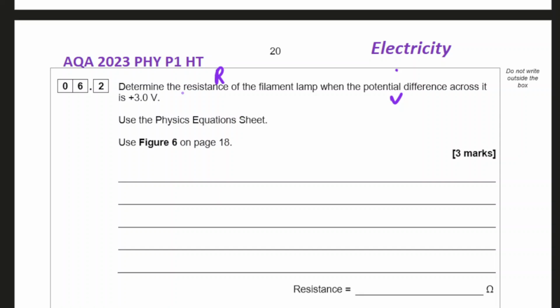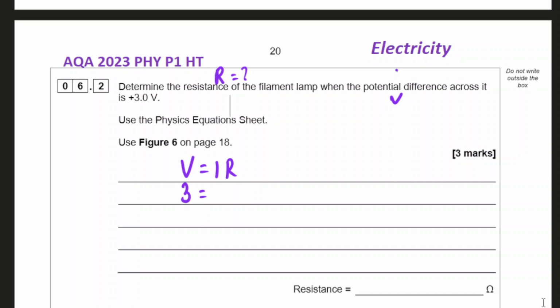So what is the link between the potential difference, current and resistance? The equation is V equals IR. Now, we know the potential difference is 3 volts. You need to find the current from the graph, and resistance is what we are trying to find. So let's look at the graph again.